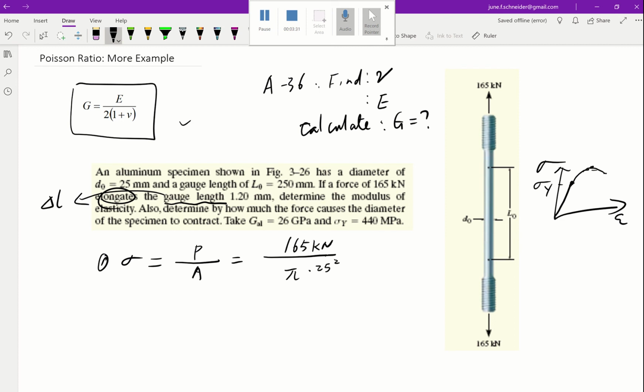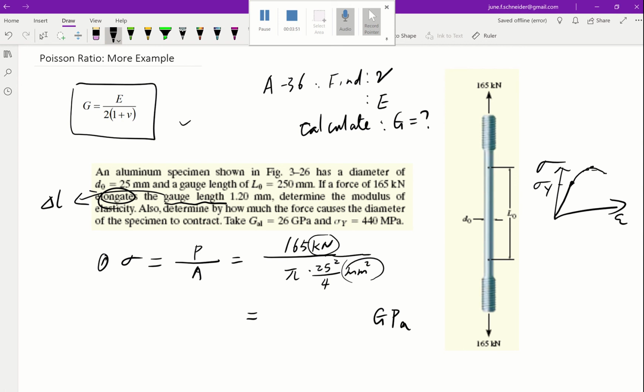So d is 25, and this gives us a unit of square millimeter. Kilonewton over square millimeter would give us a unit of gigapascal, right?